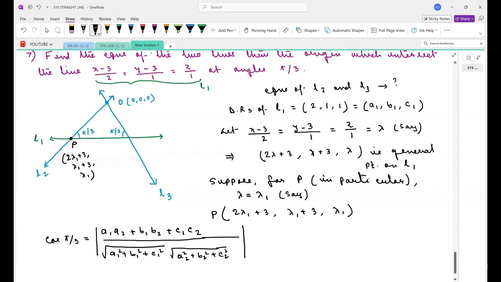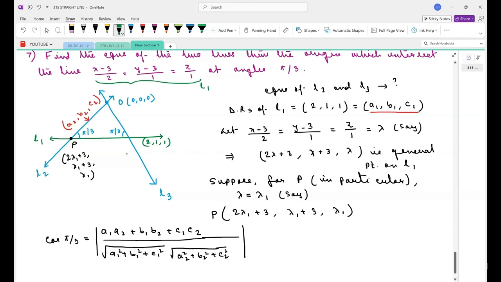Now we already know what A1, B1, C1 are. What will A2, B2, C2 be? They will be the drs of L2, and the drs of L1 are, as we have already written, 2, 1, 1.